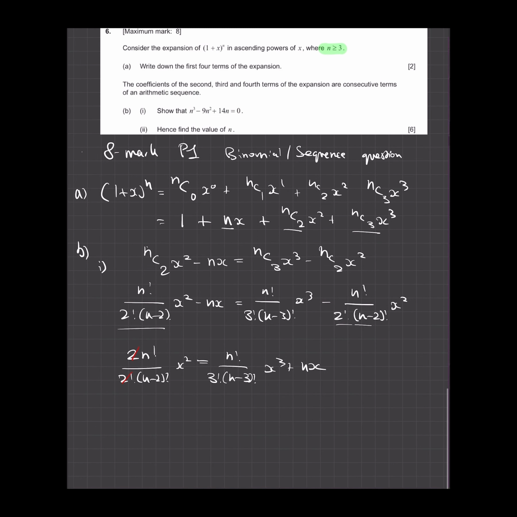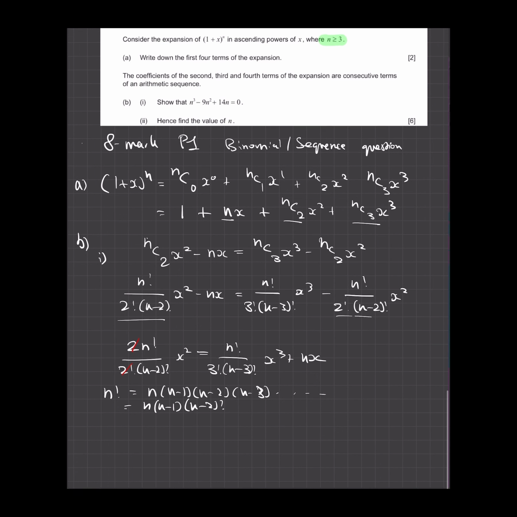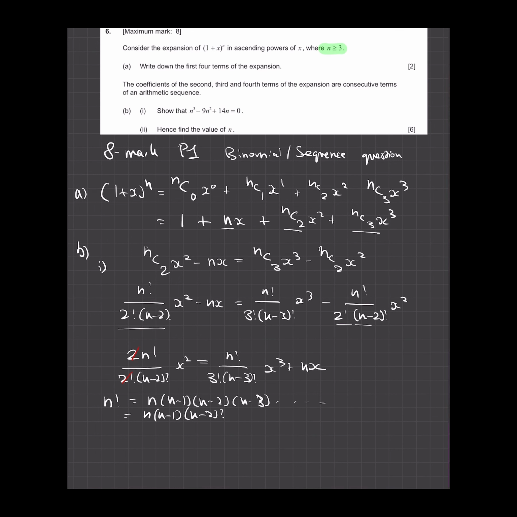Notice that n factorial is n, n minus 1, n minus 2, n minus 3, all the way down to 1, right? But n minus 2 times n minus 3 all the way down to 1 is just n minus 2 factorial. So that means we can rewrite this, and the same goes for over here, we just have to go down to n minus 3.